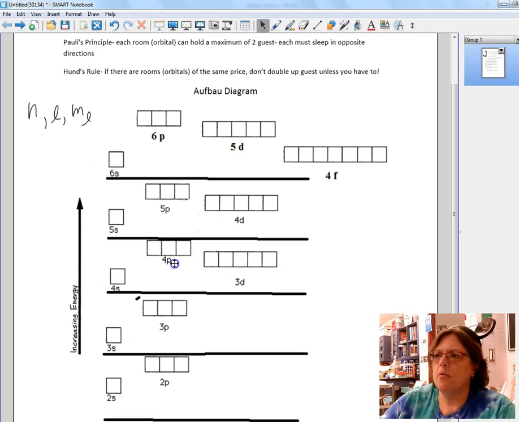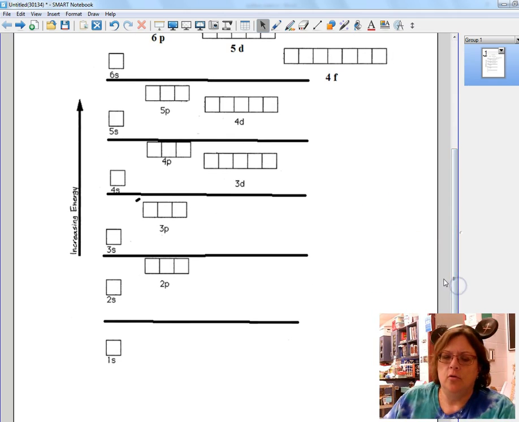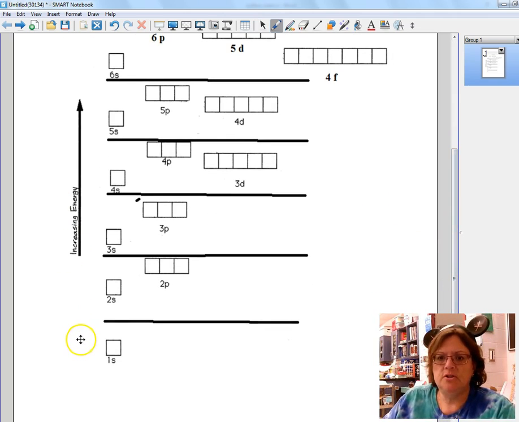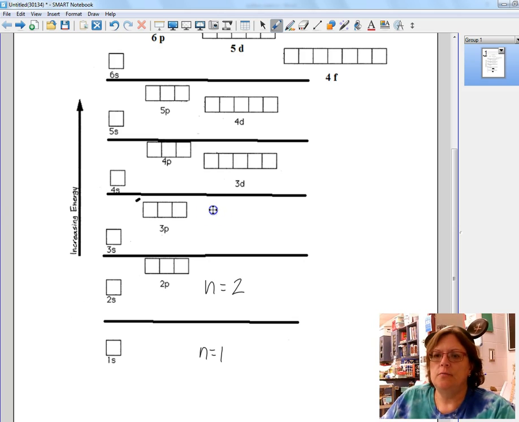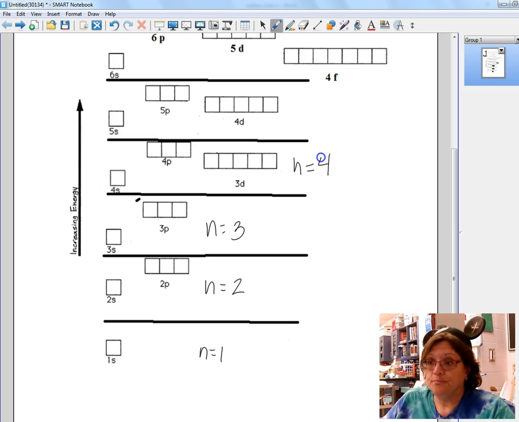The N number is the hotel room floor, the energy level. So the N number for here is 1, the N number for here is 2, N number for 3, N number here is 4, and so on.